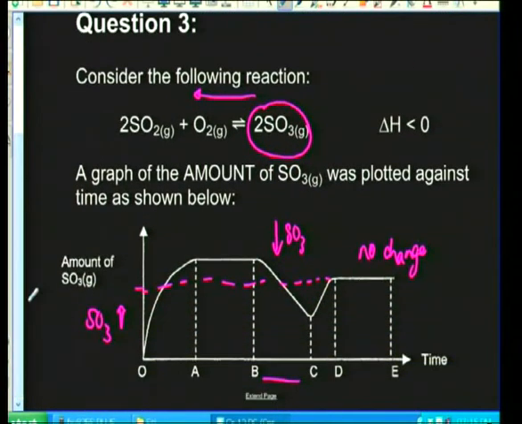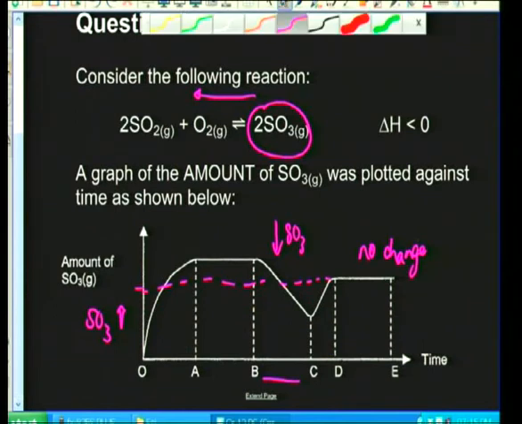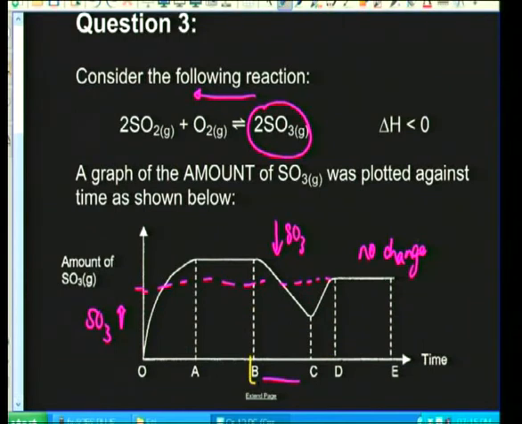And here we're looking at this period between B to D. There are lots of changes taking place, and if those changes were due to temperature, what would they be? Well, where was the lowest temperature? Now, have a look at this equation, and you'll notice a piece of information on the side here that tells us about delta H, and delta H is here less than 0.